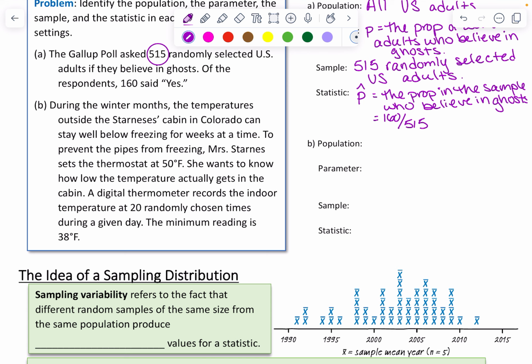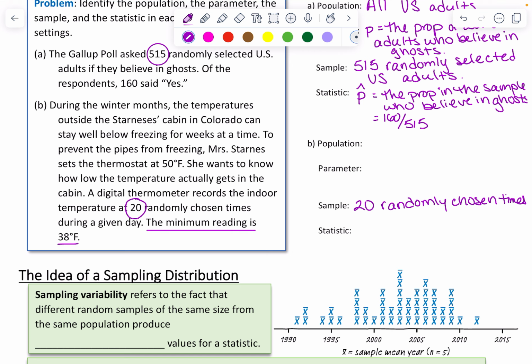Okay, so again, I think the sample is easier. We have 20 randomly chosen times. So my sample is the 20 randomly chosen times. And what is it about this sample that we have? We have the minimum reading is 38 degrees.